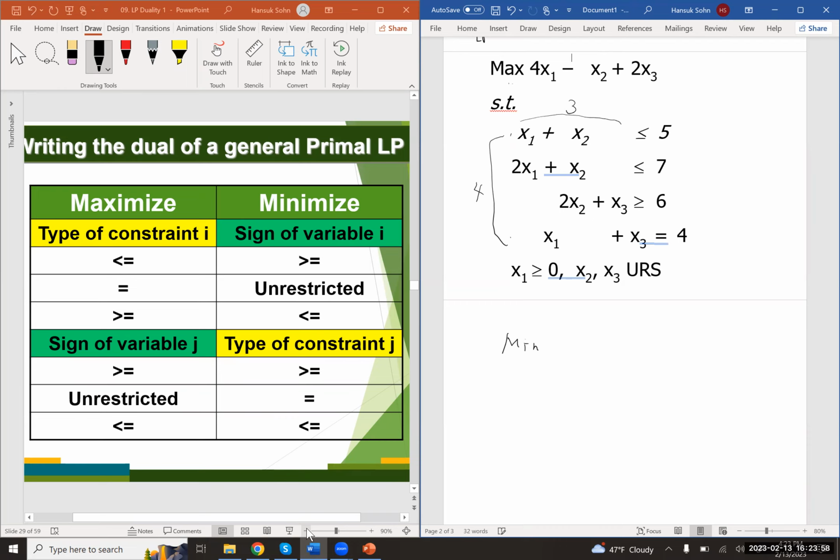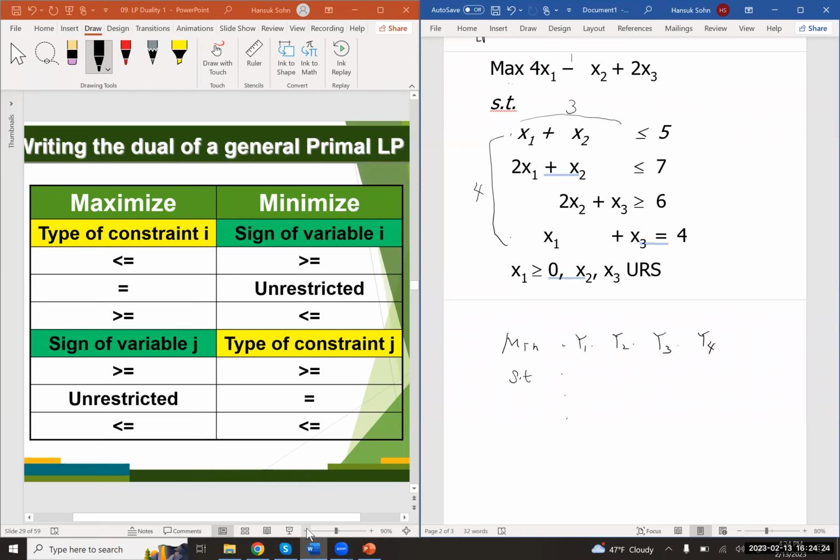It's a 4 by 3 system. So our dual must be 3 by 4, which means we are going to have 3 different constraints and 4 different dual variables. So again, let's use y variable. Then we are going to have y1, y2, y3, and y4.